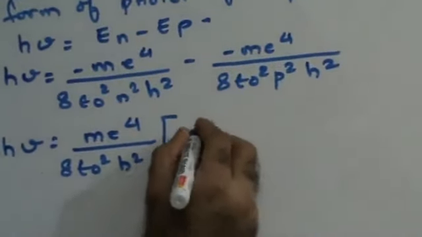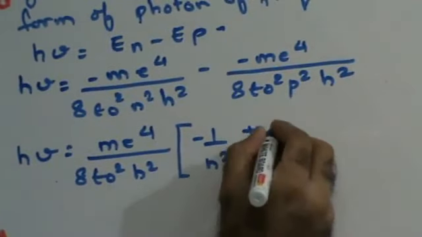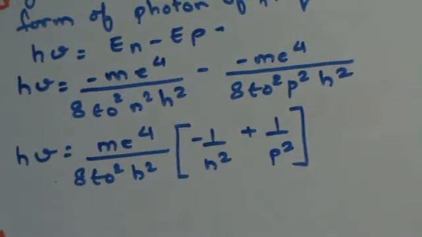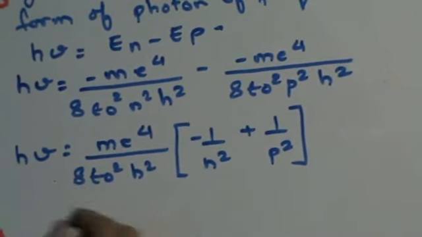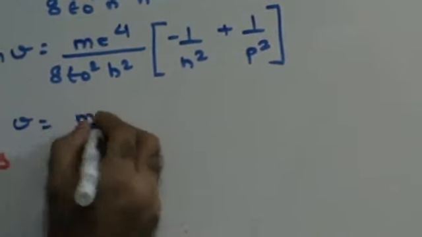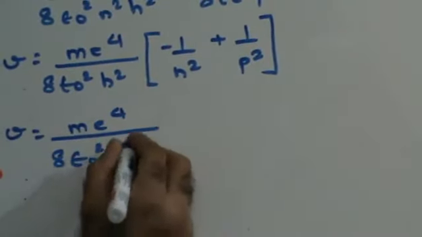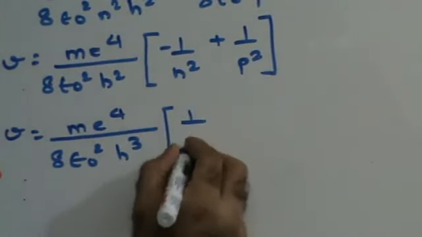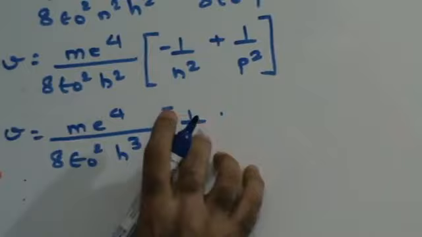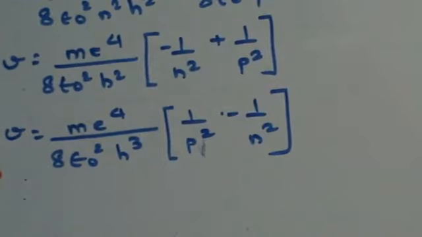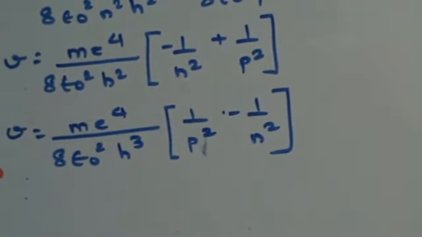So in that case this will become minus 1 upon n square, minus into minus 1 plus 1 upon p square. So if I take h down in the denominator, I'll get v is equal to me^4 upon 8 epsilon 0 square h cube, 1 upon p square minus 1 upon n square. That h square became h cube.